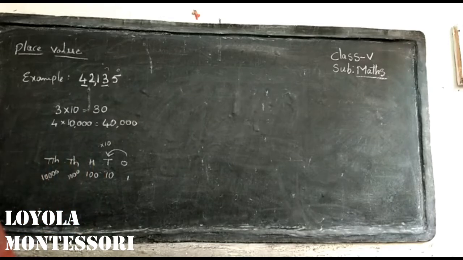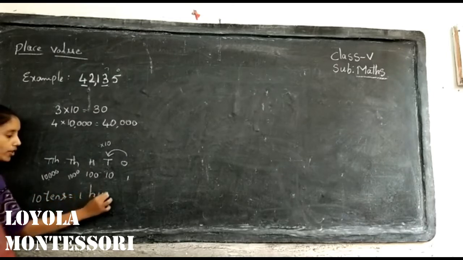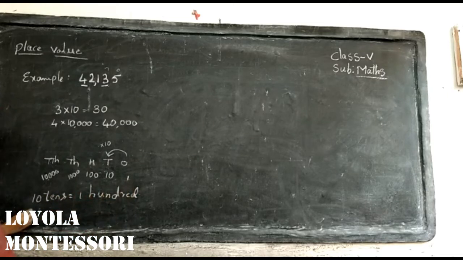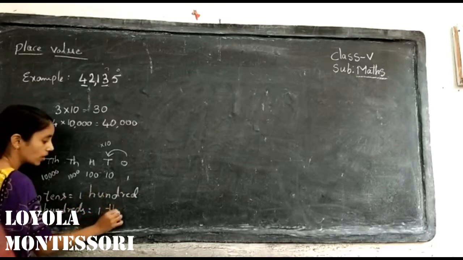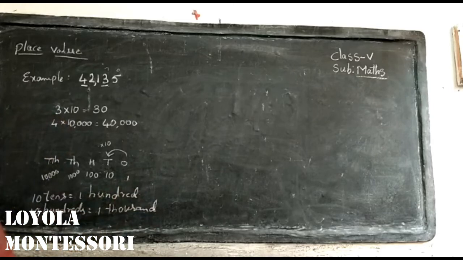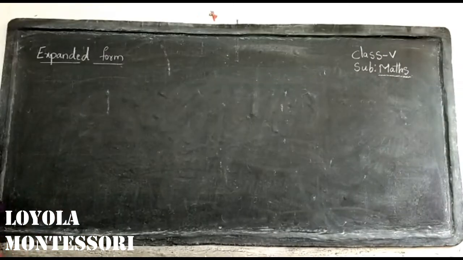In a similar way, we have some examples. So here 10 tens is equal to 100. Similarly, 10 hundreds is equal to 1000. Topic is expanded form.